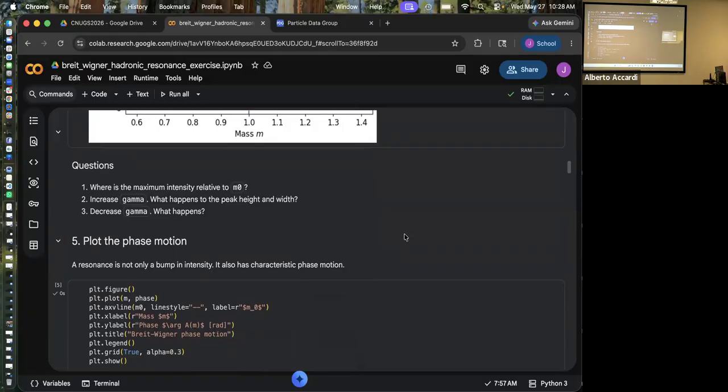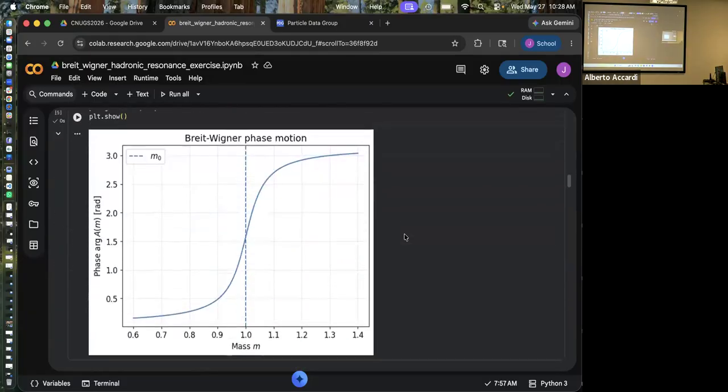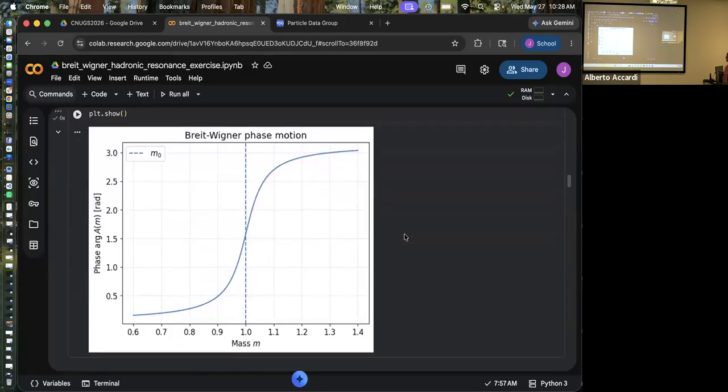I told you also that this phase is important. It turns out that this phase motion is something that's unique to a resonance. The Breit-Wigner has an expectation that you go from basically 0 to pi as you cross the resonance.